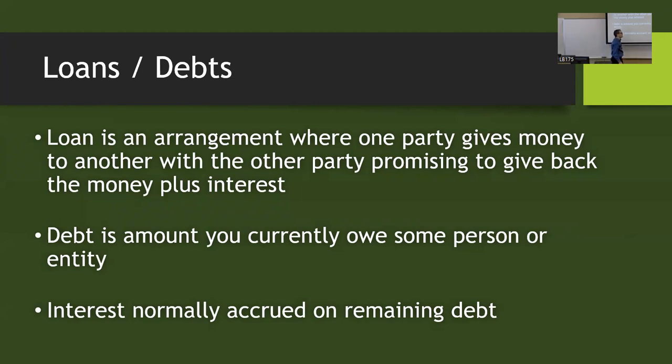So hopefully all of us understand what a loan is. It's an arrangement, usually with a bank, could be with another party, but usually with a bank, where the bank gives me money and I promise to pay them back. But as I'm paying them back, I'm going to pay them back their own money plus interest.